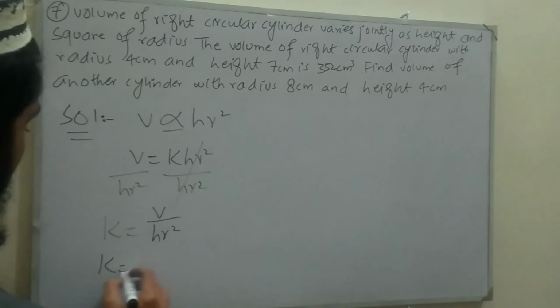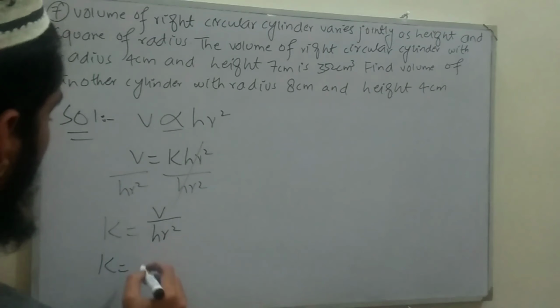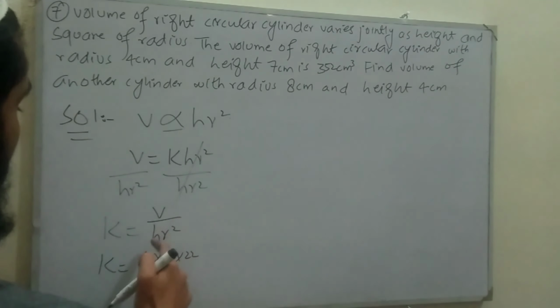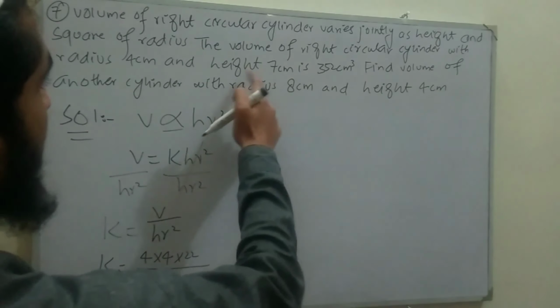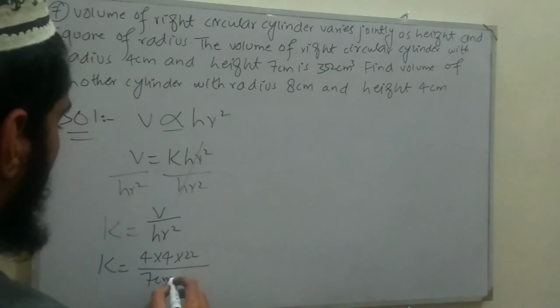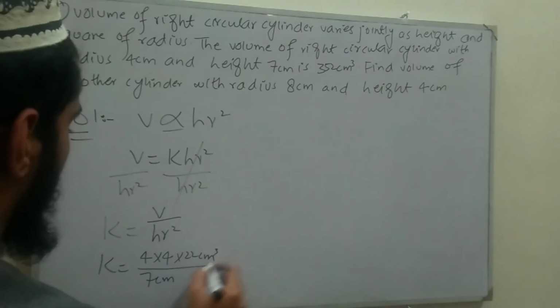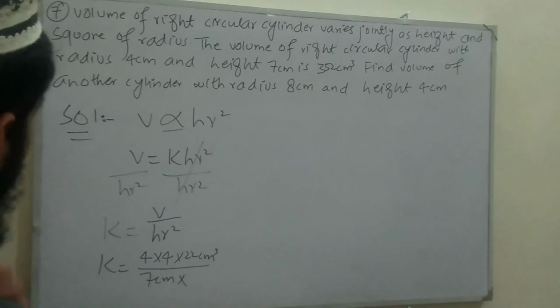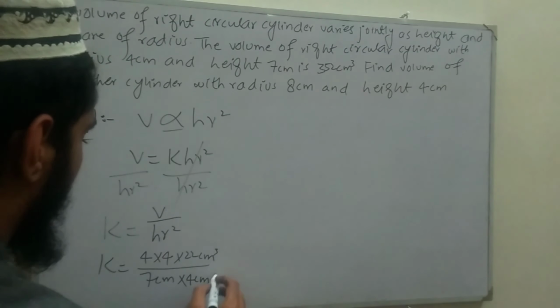Putting the values, V is equal to 352, which can be written as 4 multiply 22. It gives us 352 divided by h, which is 7 centimeter, multiplying r square, where r is 4 centimeter. So 4 centimeter multiply 4 centimeter.